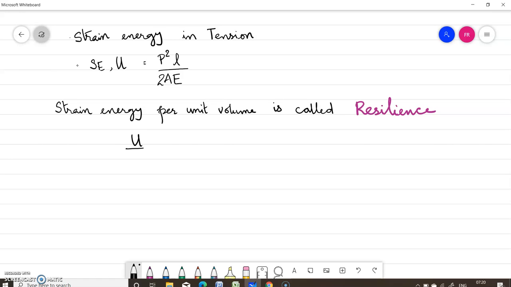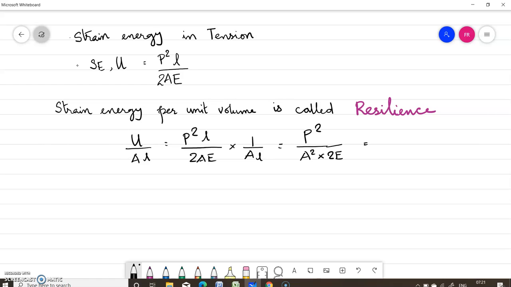That is, U divided by A into L is equal to P square L by 2AE into 1 by AL, which is equal to P square by A square into 2E.